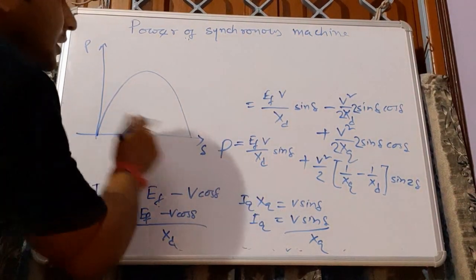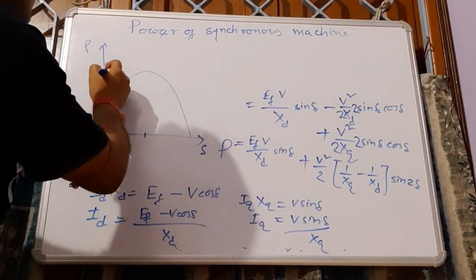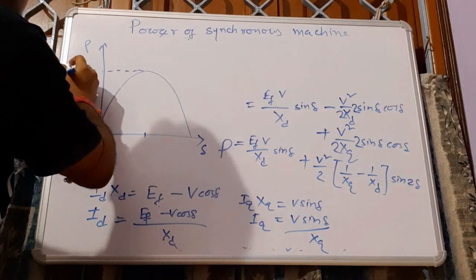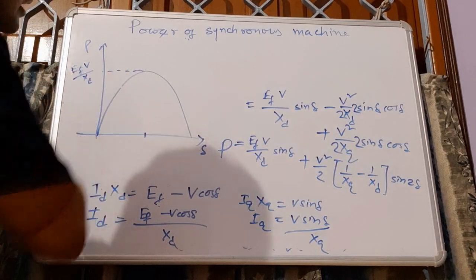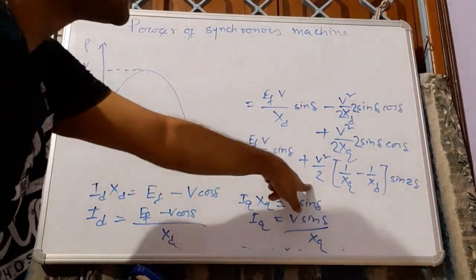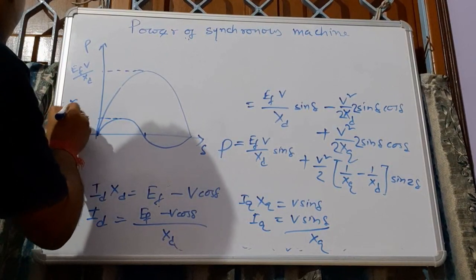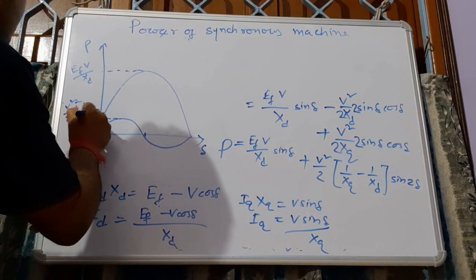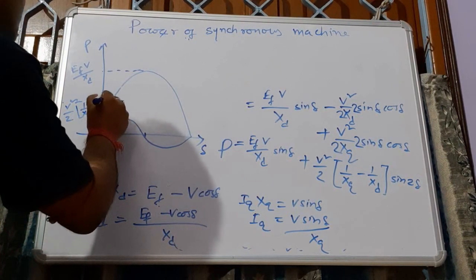So this part is EF V by XD sin delta, and the maximum will be EF V by XD. And this is the second part, and the maximum is V square by 2 times (1 by XQ minus 1 by XD).